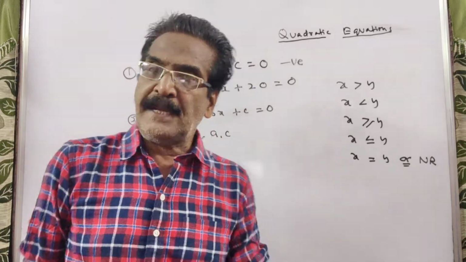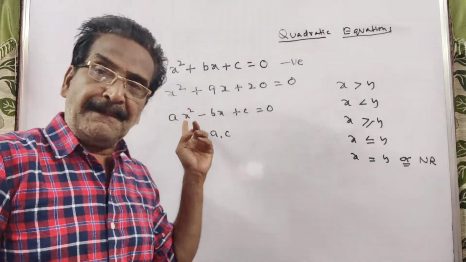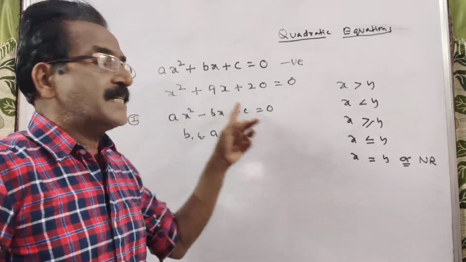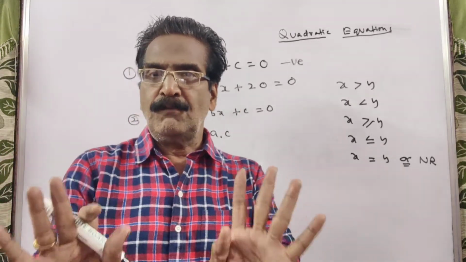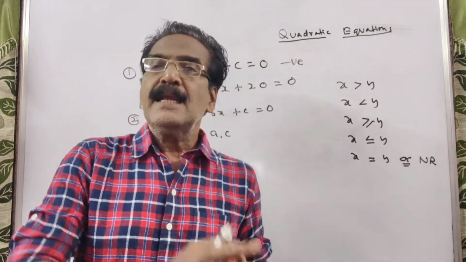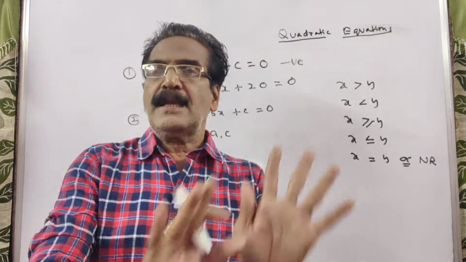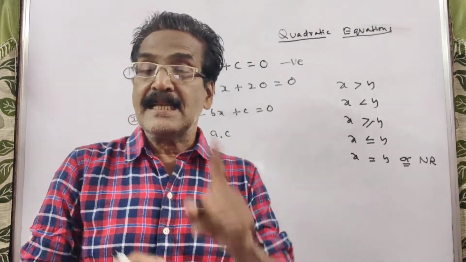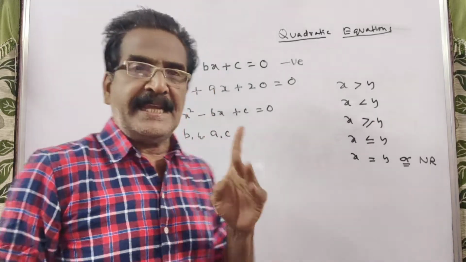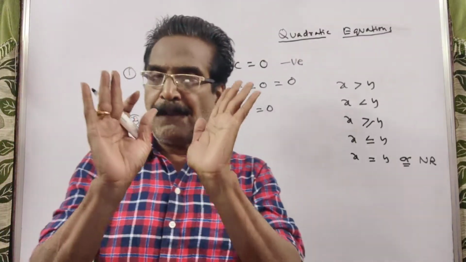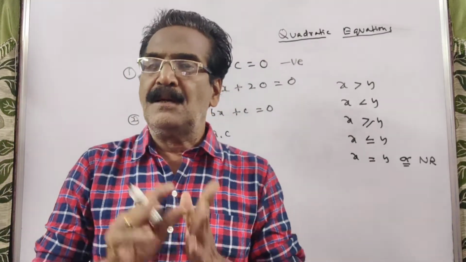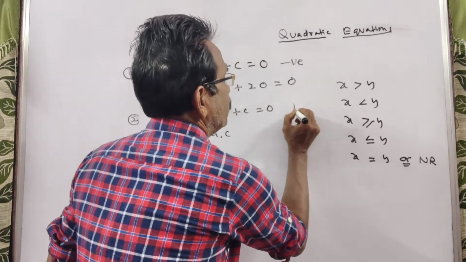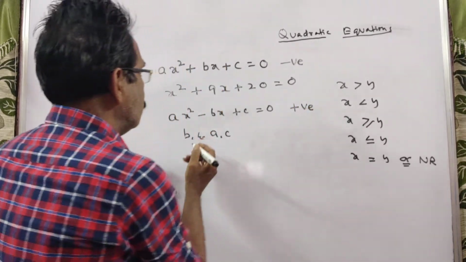It can also be like this: b may be plus and a and c may be minus. We want b, and a and c to have opposite signs. In this case, both the roots are positive.